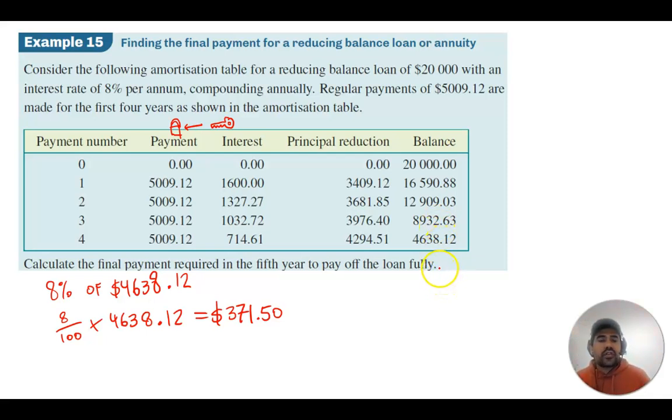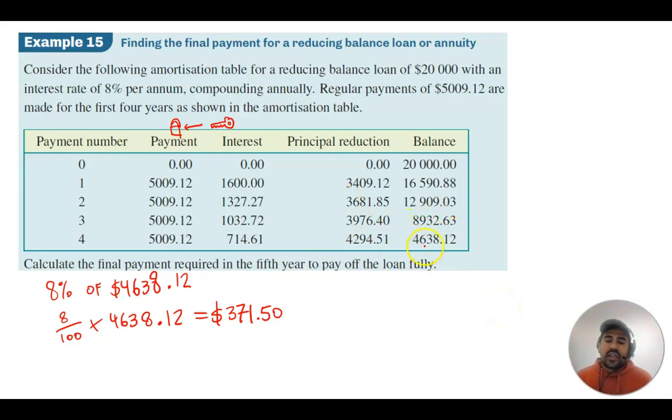Now, we've got a new calculation that we have to deal with. We know that this is going to be the last repayment because the question says, calculate the final payment required in the fifth year to pay off the loan fully. So we don't owe anything to the bank.